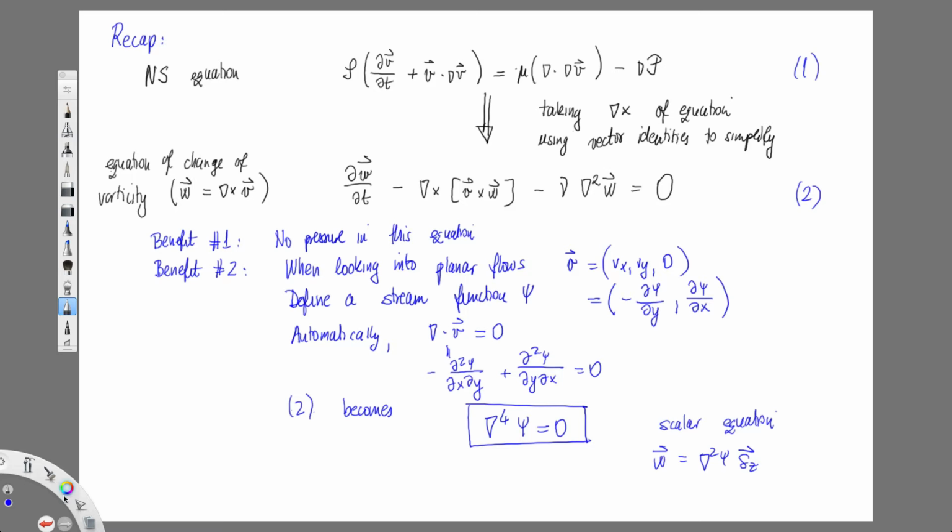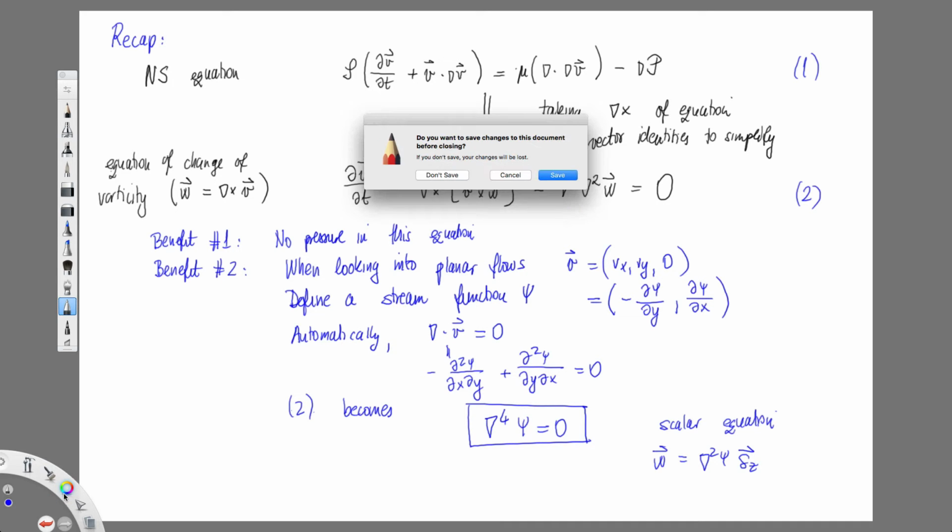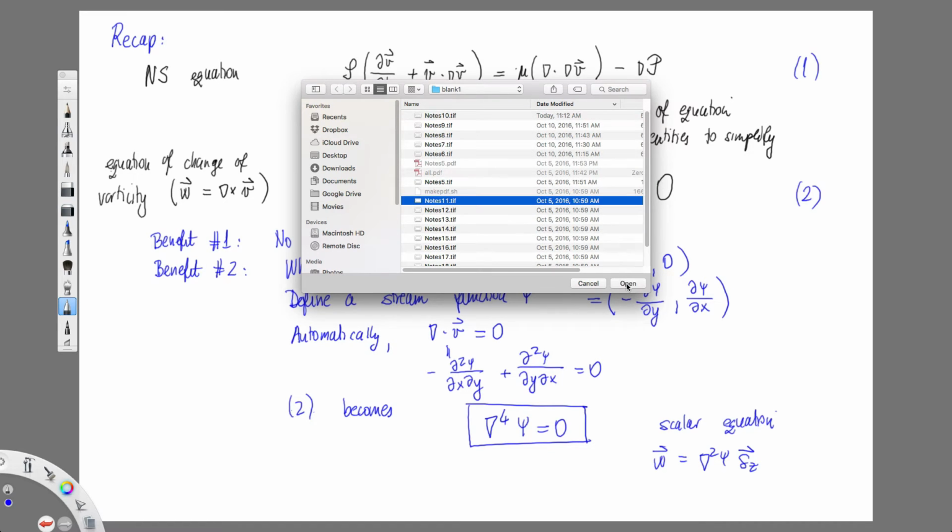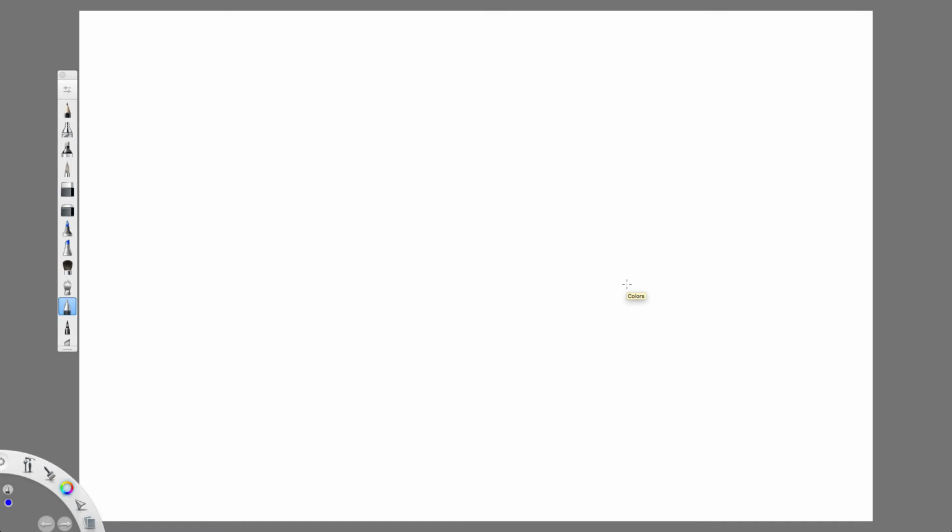Therefore, we don't have phi dependence. Let me open a new page. So we had creeping flow around a sphere.